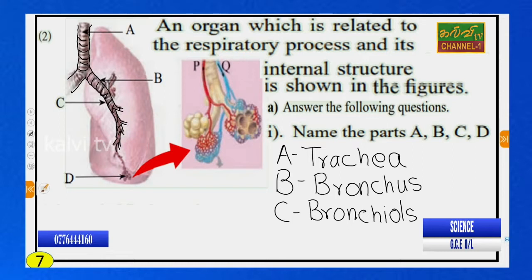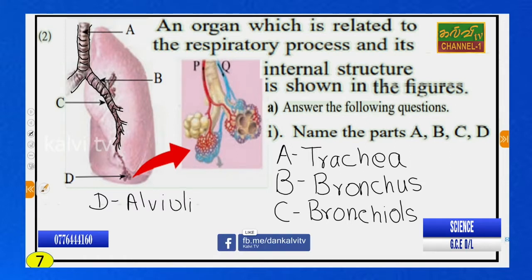D, that is alveoli, or we can say alveoles. Right? So, A, B, C. A is trachea, B is bronchus, C is bronchioles, and D is alveoli. The small bags are here, alveoli.